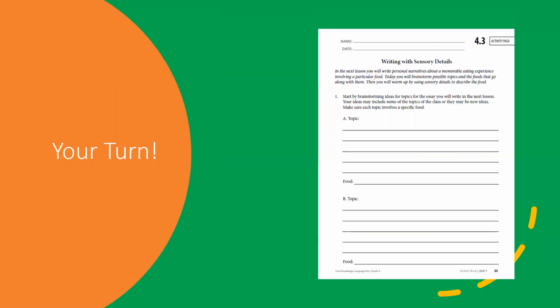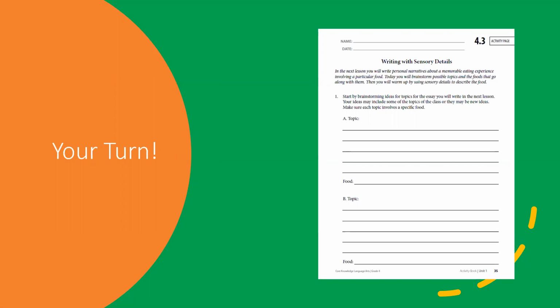And so today we're going to start by brainstorming different topics related to food, making sure to include as many sensory details as we can to describe what that food looked like, what we saw, what we tasted, maybe what we smelled, maybe as someone was cooking it, what we heard as we cook it, or what we feel when we touch our food, okay?